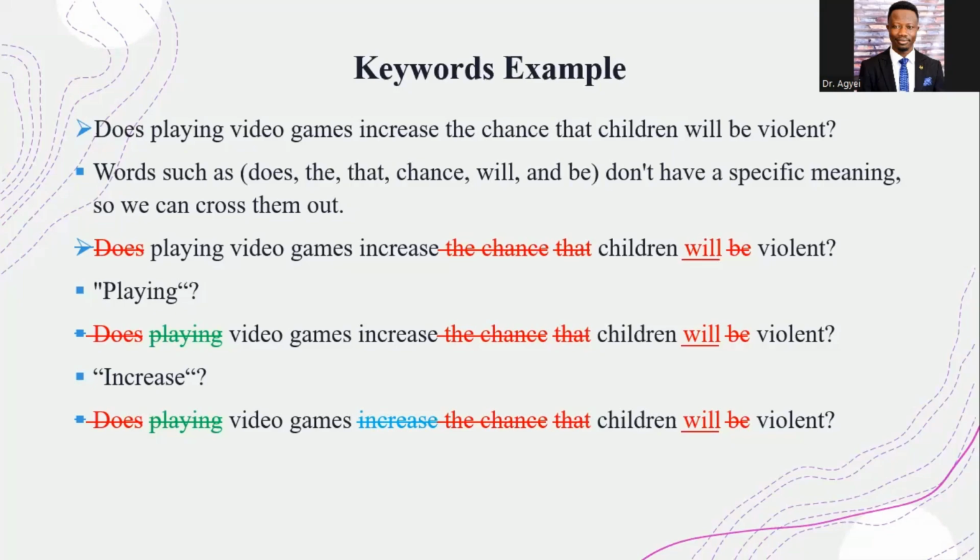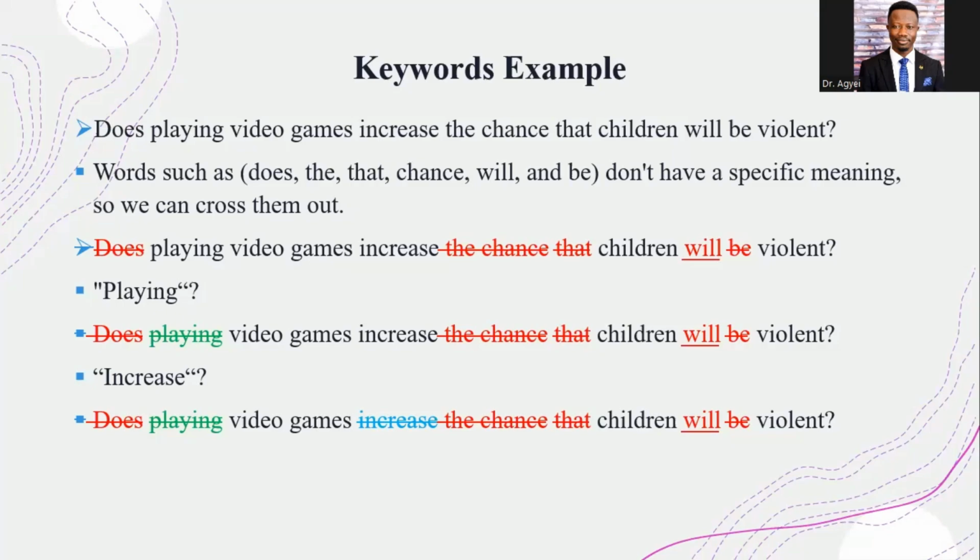So the next one that we can sort out is the word increase. Do we need to put that word over there? We know that word is telling us the relationship, okay? But the problem is that immediately you put the word increase there, you are telling the database to be biased, to go in a certain direction.